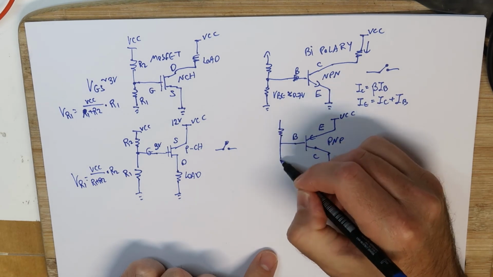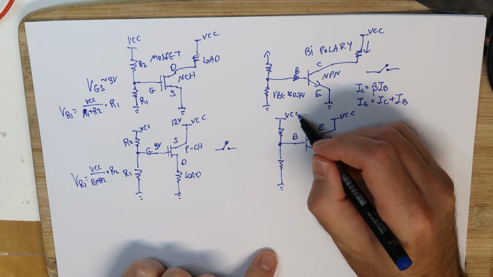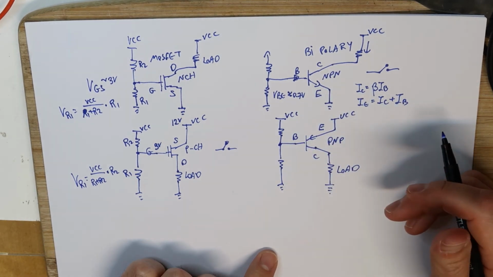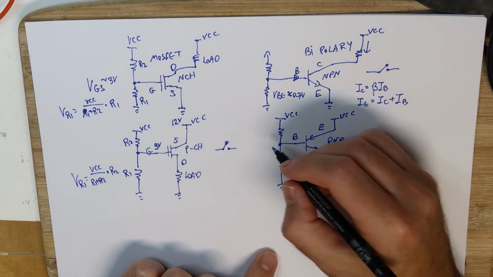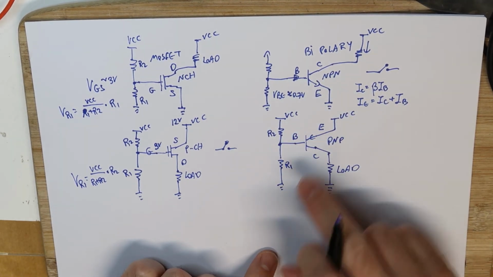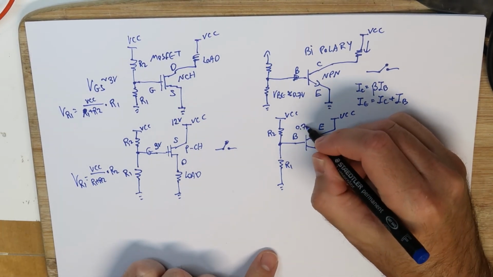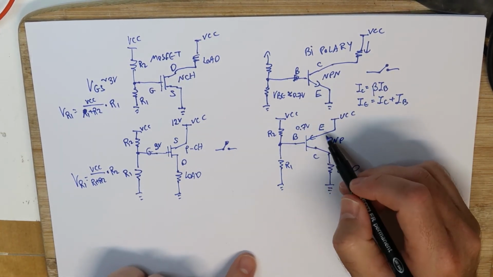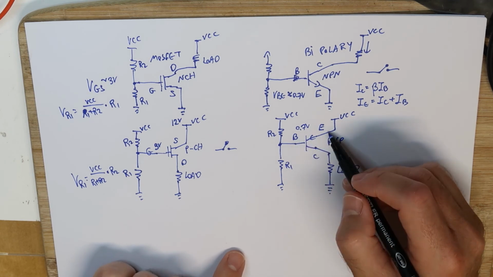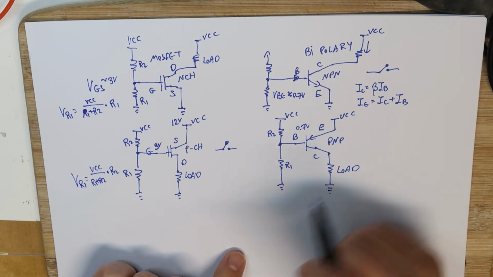So we have 2 resistors, and we can calculate it in the same manner to see what is the exact voltage on R2 in this case, in order to make it conduct. Here again we need 0.7 volt between these 2 pins, between the base and the emitter, in order to make it conduct and the current will flow.